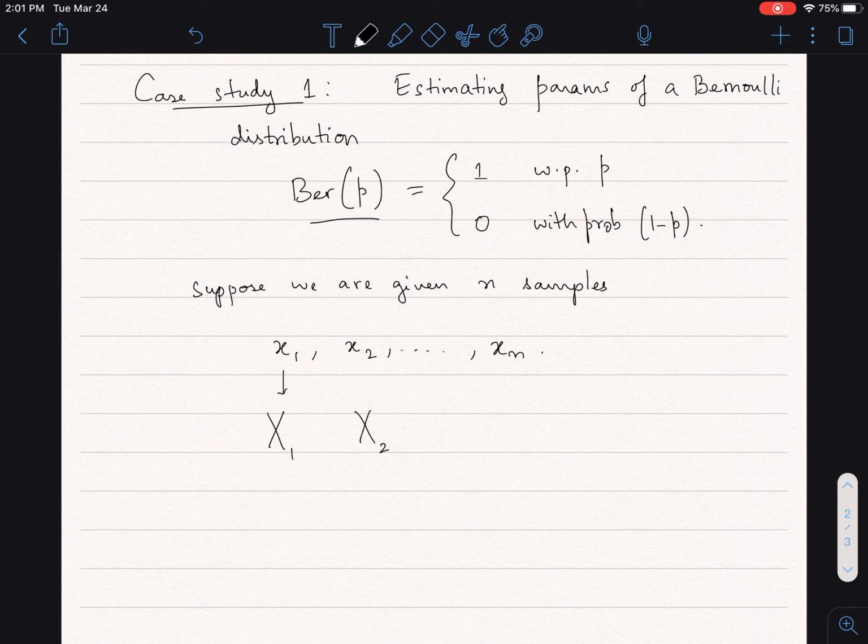So when I write capital X1, X2 up to Xn, these are actually random variables, and they are all distributed as Bernoulli P and all independent.